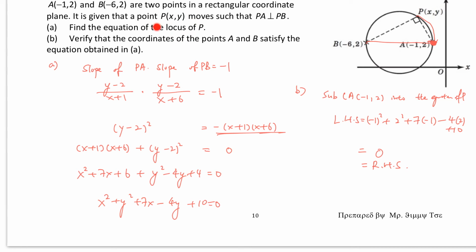That means I move this point to this one. So if I ask you to describe the locus of point P, how can we describe it?